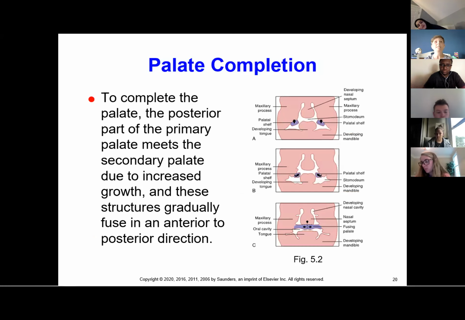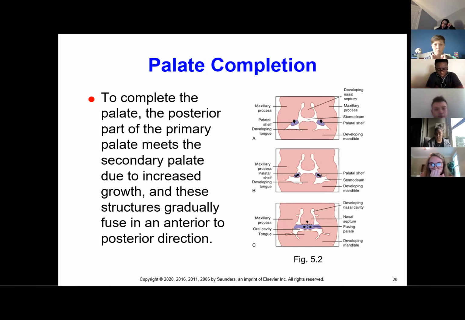Okay, so to complete the palate, the posterior part of the primary palate meets up with the secondary palate due to increased growth, right? And these structures gradually fuse in an anterior to posterior direction. The primary palate and the secondary palate meet first, and then it comes together like a zipper.